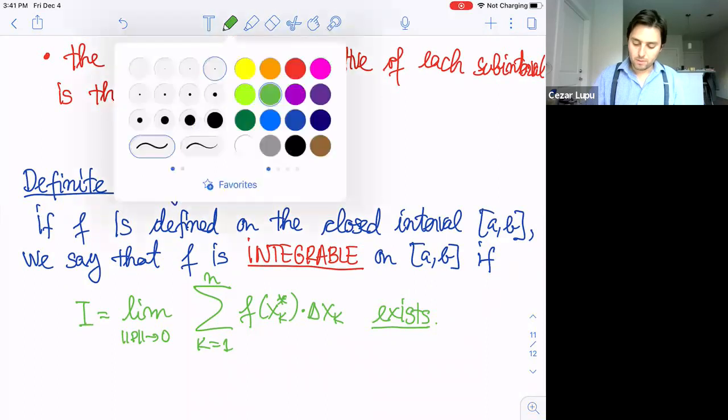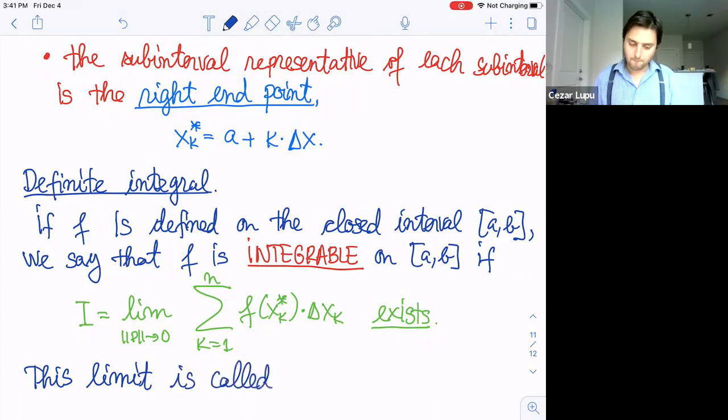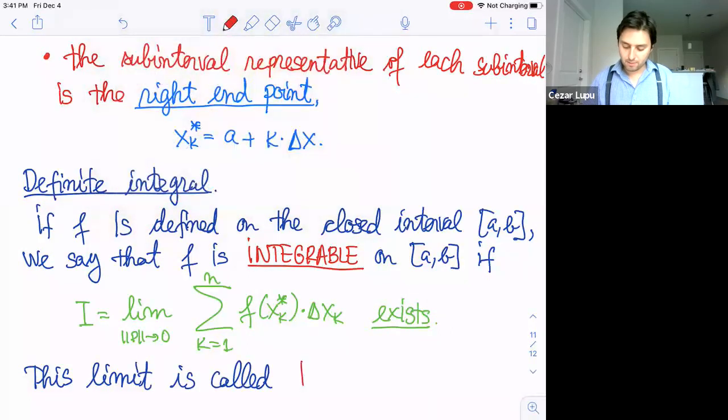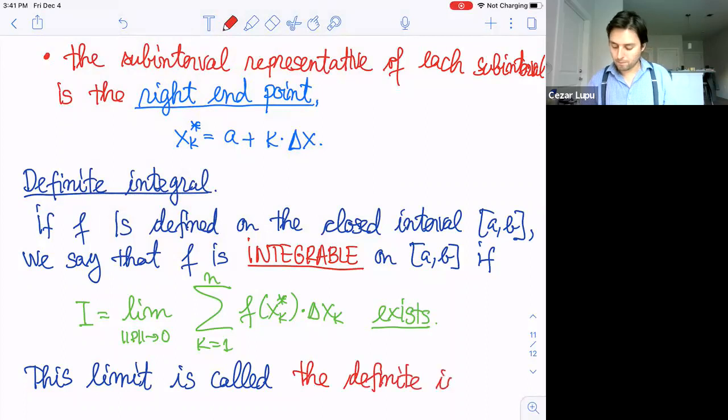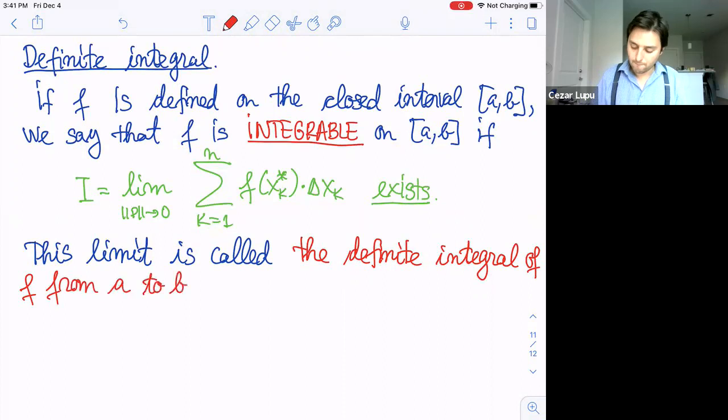Well, we will say that this limit is called the definite integral of f from the point a to the point b. That's what you need to know.